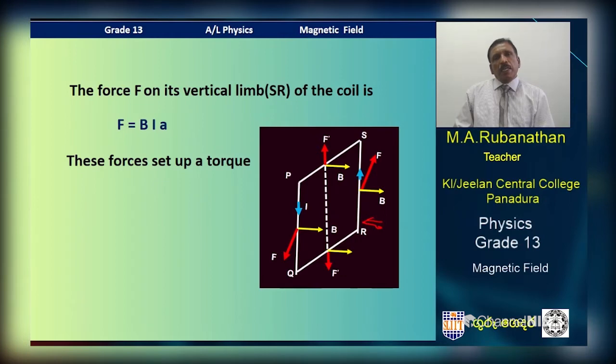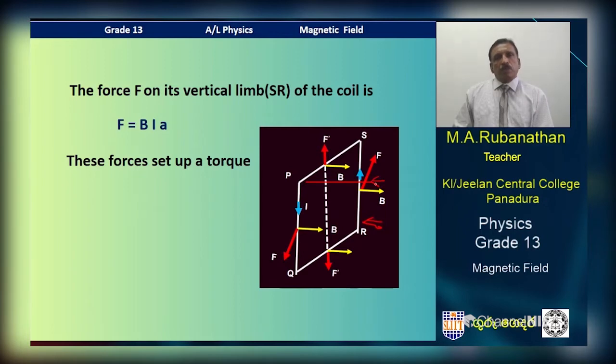Only the direction of the force is opposite to the earlier one. How do we find this force? We use Fleming's left-hand rule.